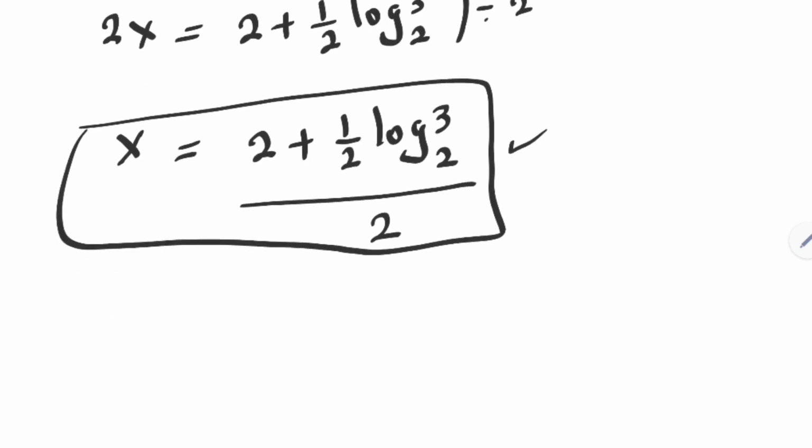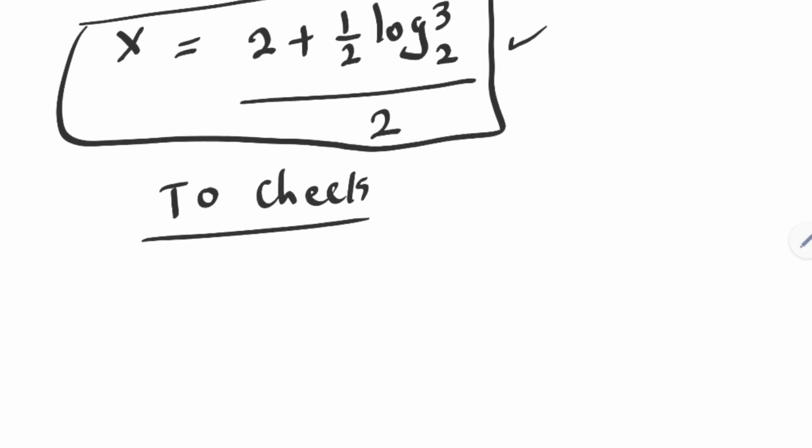Let us check. To check, we have the given equation: 4 raised to power x multiplied by 4 raised to power x is equal to 48.